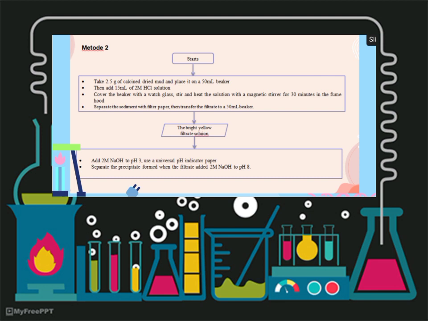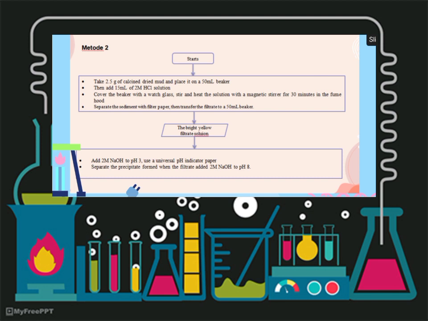Separate the sediment with filter paper, then transfer the filtrate to a 50 ml beaker until a bright yellow filtrate solution. Add 2 molar NaOH to pH 3. Use universal pH indicator paper.